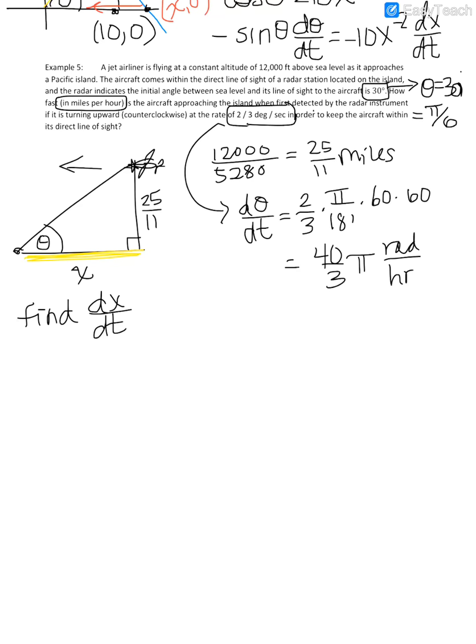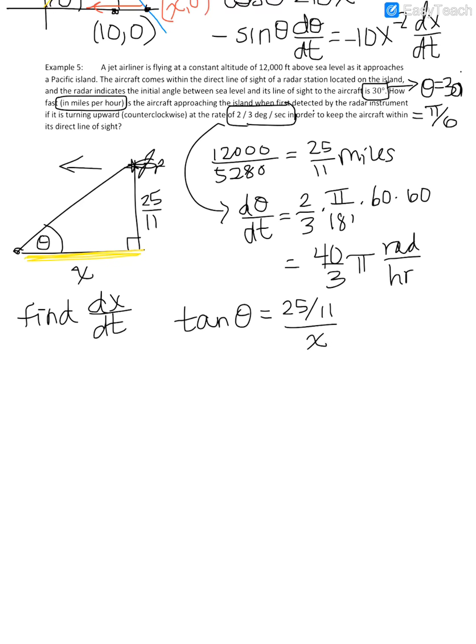Looking at this triangle, it seems pretty obvious that we're going to use tangent, because we have the angle, the opposite, and the adjacent sides. So we have tangent of theta equals opposite over adjacent, so 25 over 11 over x.